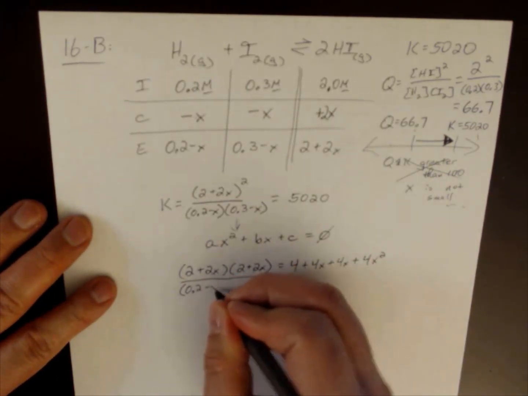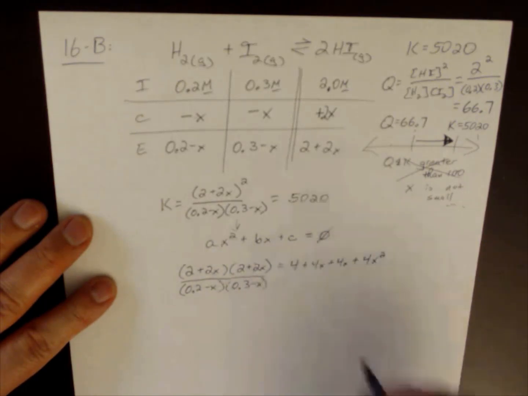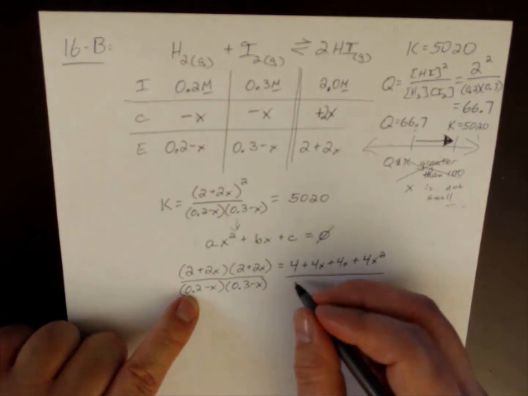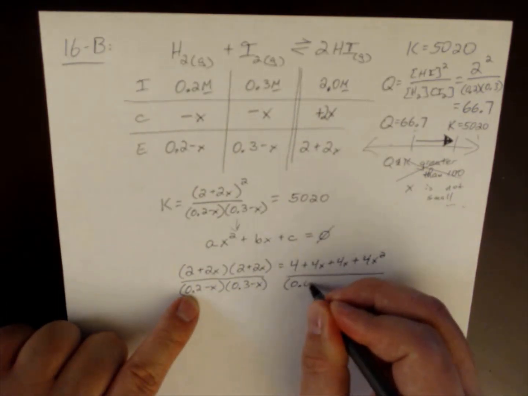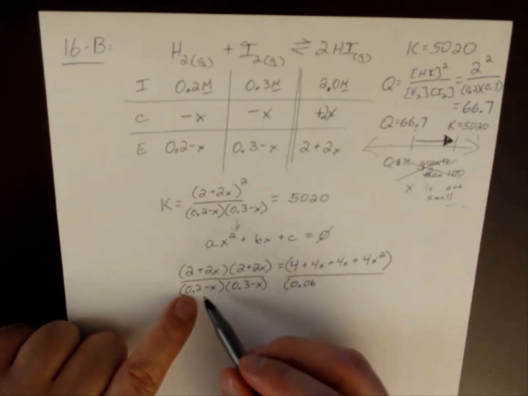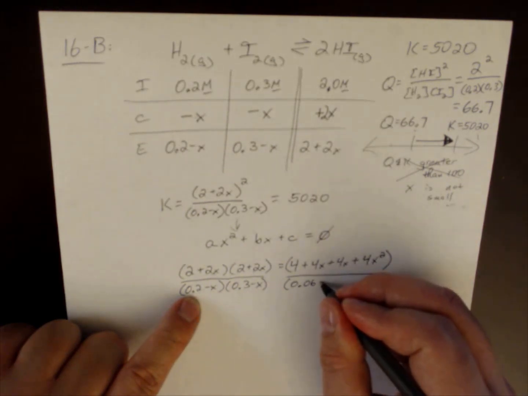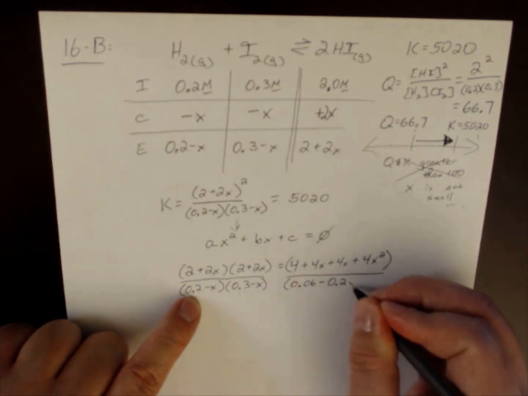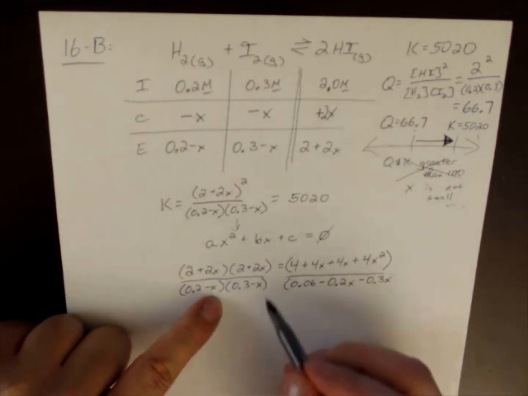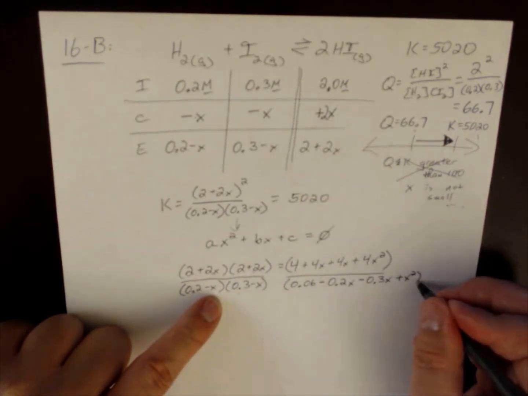Now 0.2 minus x, 0.3 minus x. All right, so 0.2 times 0.3 is 0.06. I'm just going to put this in brackets too. That's first, then outside, so minus 0.2x, then inside, then last. Minus x times minus x gives me plus x squared.